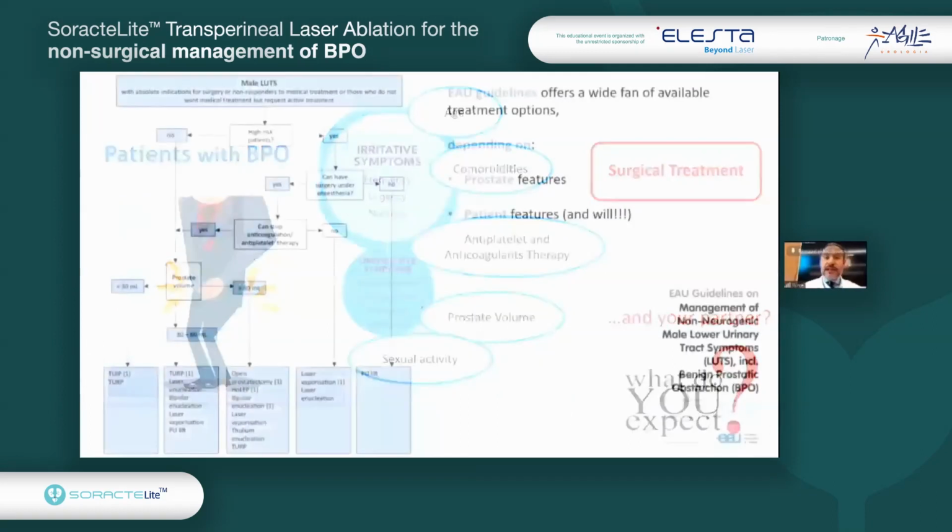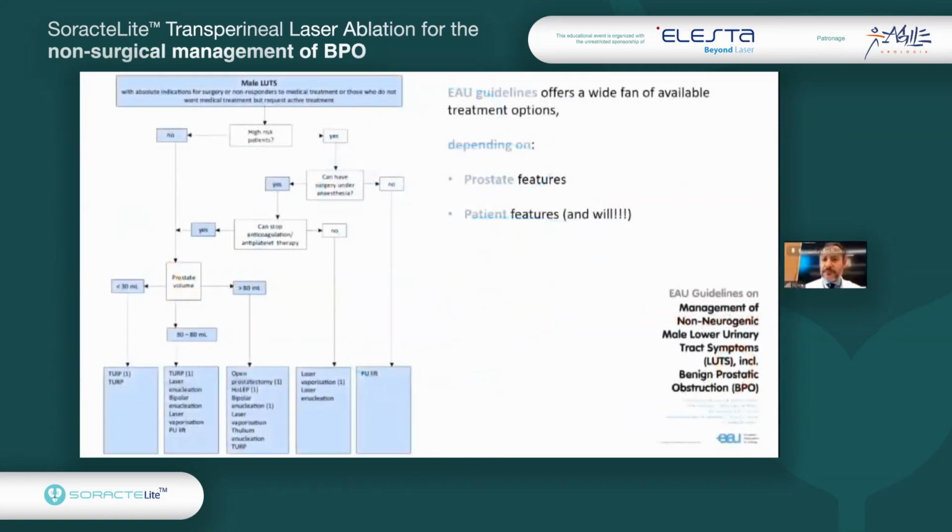So this makes a lot of difference, because all this is present in the guidelines. But if we take a look at the guidelines, they just take different decisions related to different procedures based on the prostate features or patient features, but they don't take care at all of the patient's will and desire about the treatment.